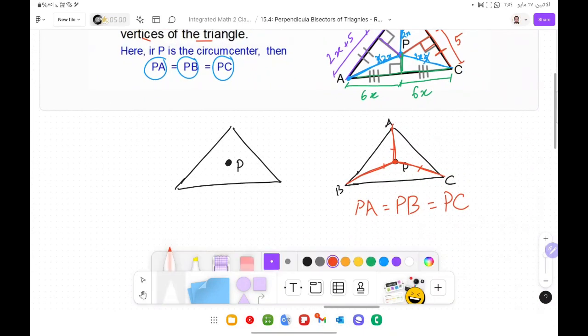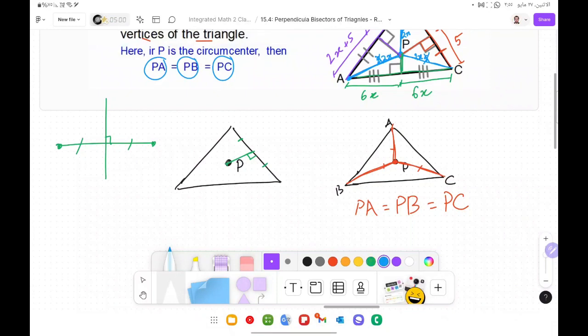Now if I draw perpendicular lines, perpendicular means a line that intersects from the middle, so this one should equal that one. If I draw a perpendicular line to this side, this side should equal that side. Let me draw it again. From here to there, this one is perpendicular.